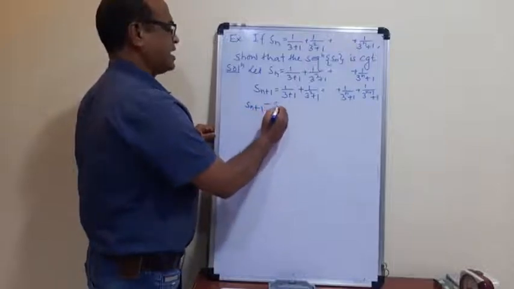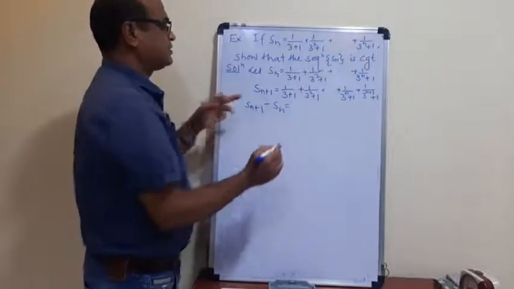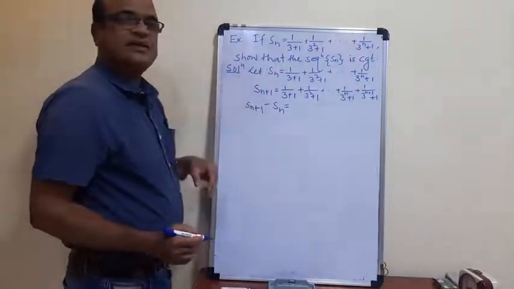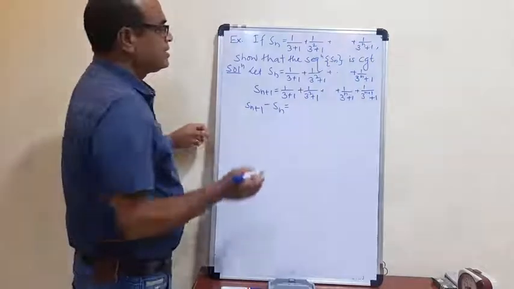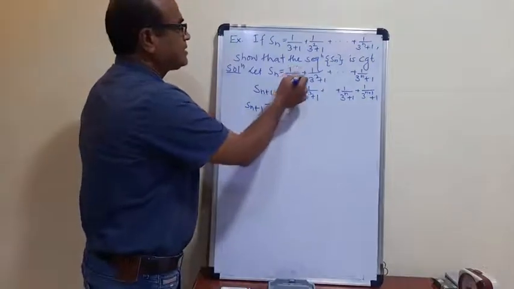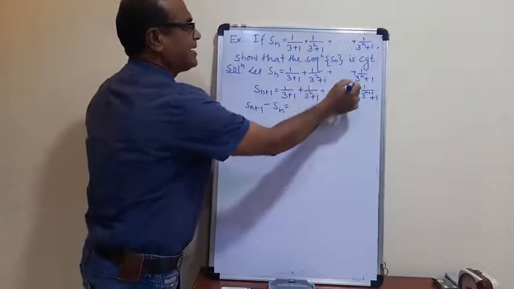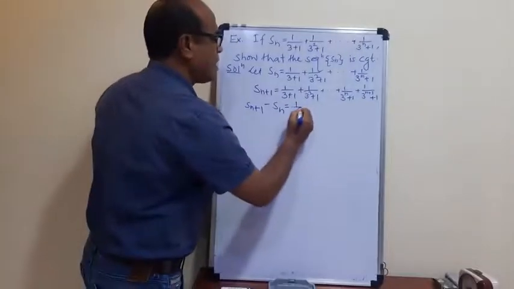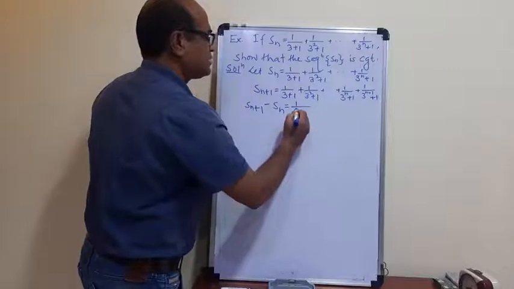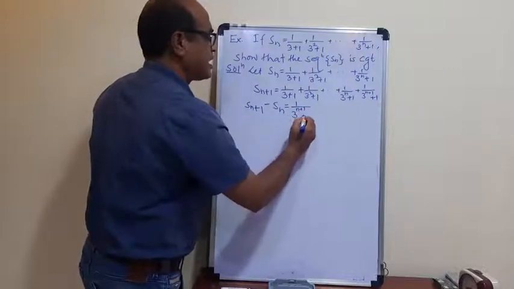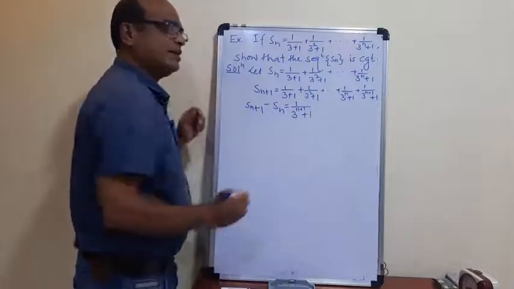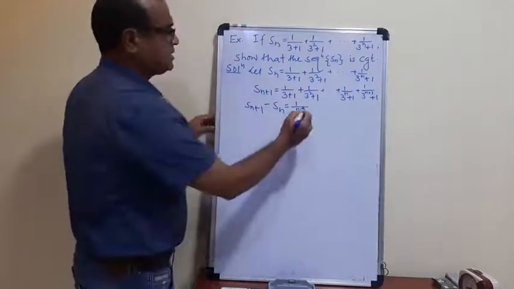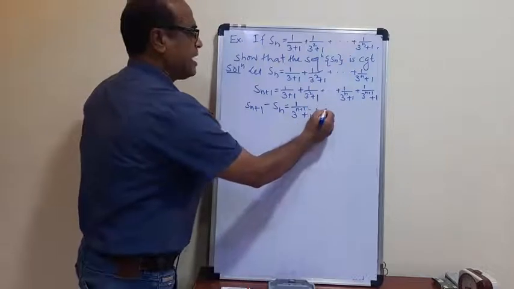So Sn plus 1 minus Sn is equal to this minus this. What will you get? Those terms get cancelled, so the remaining term is only 1 upon 3 raised to n plus 1 plus 1. This is positive, so it is greater than 0 always.